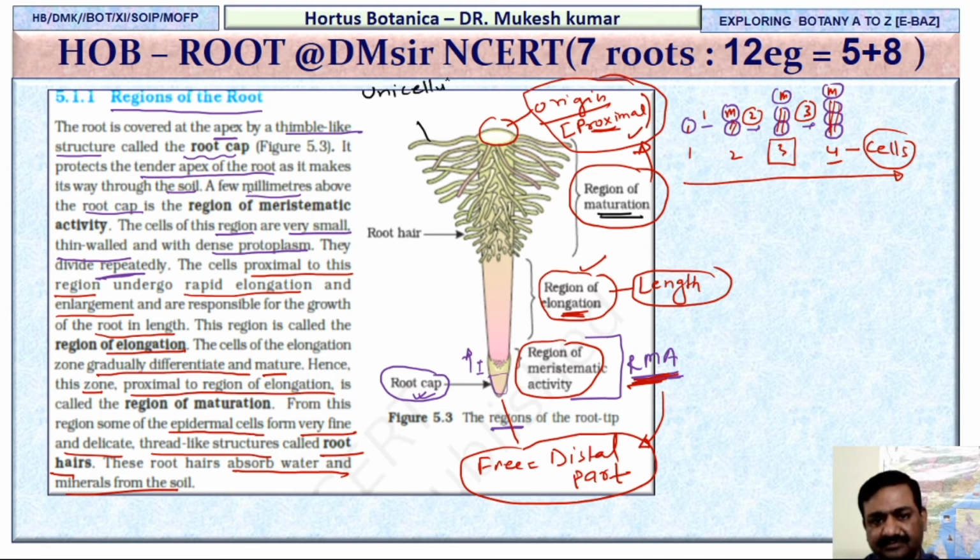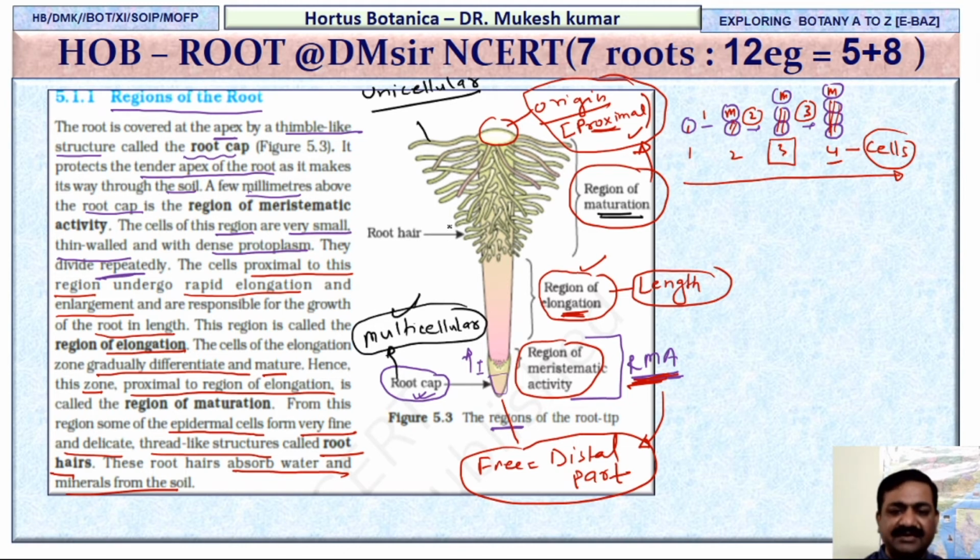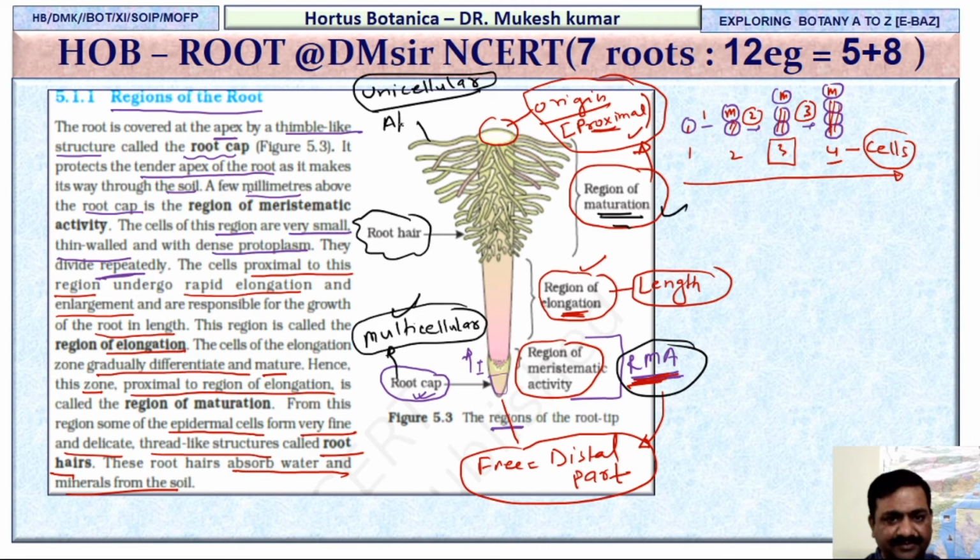While the root cap is a multicellular structure, so don't confuse. It is made up of parenchymatous tissues in general and found at the rama. But root hairs are found at the zone of maturation. They are unicellular and help in the absorption of water and minerals. Okay, so this is all about the regions of the root.